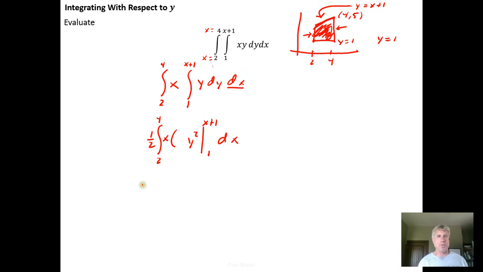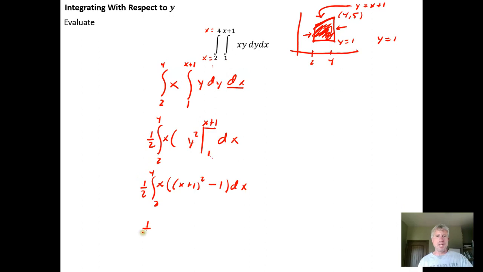And then we do what we usually do. So here's 1/2 the integral from 2 to 4 of x times, we plug the upper limit of integration in for the y. So we're going to get x plus 1 quantity squared minus, plug the lower bound of integration into the y, so we get 1 squared, and we haven't integrated with respect to x yet. And then it's just a matter of simplifying this.